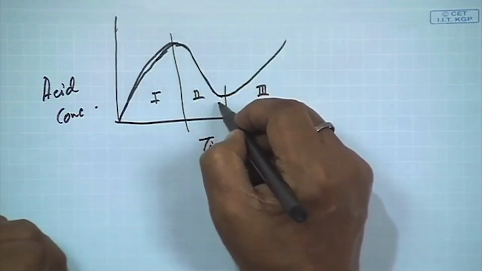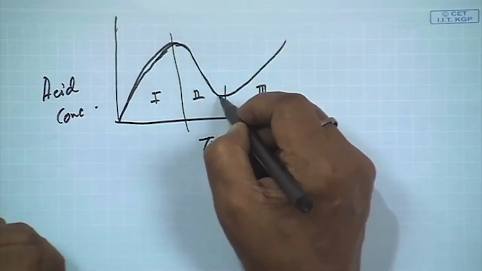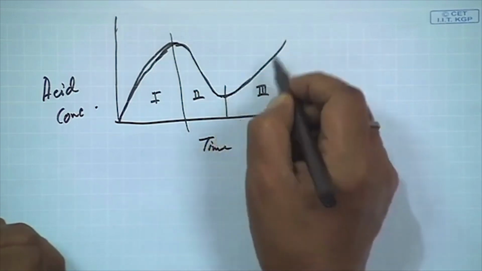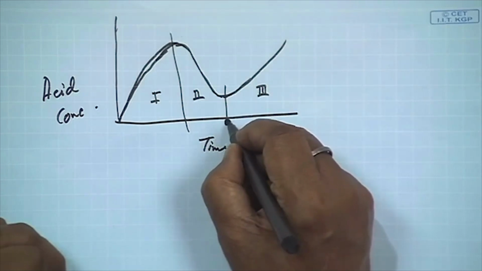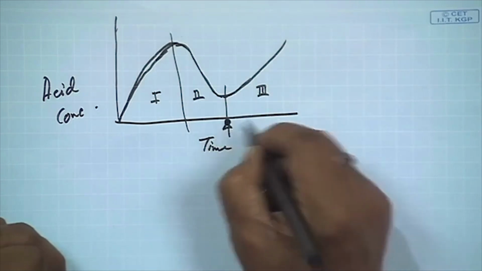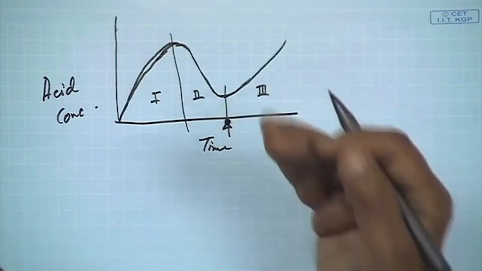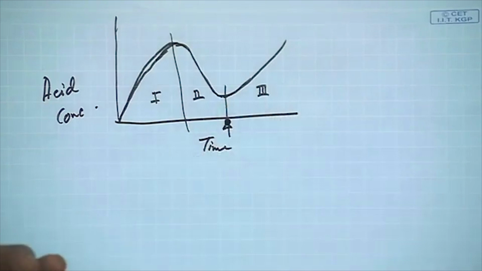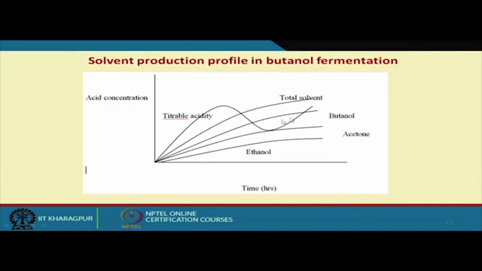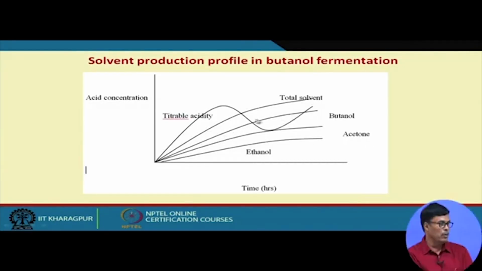When it decreases, you have more accumulation of solvent, and finally it increases again. Usually we carry out the fermentation up to this level, because this is the level beyond which we cannot have more solvent accumulation in the fermentation broth. In this figure you can see the butanol concentration is quite high, then acetone, then ethanol, in the ratio I mentioned before, 6:3:1.